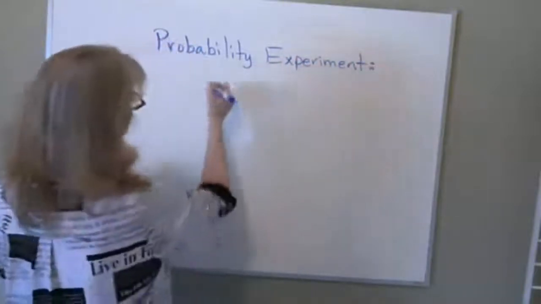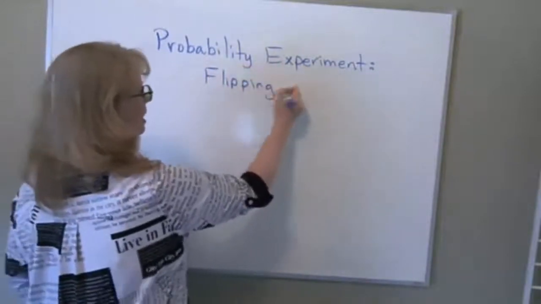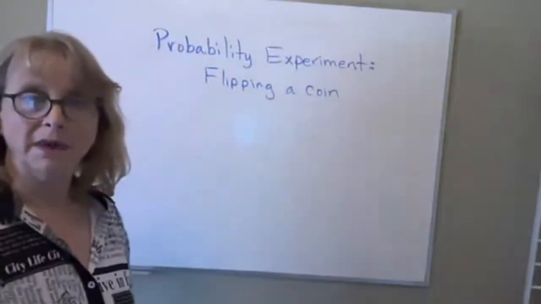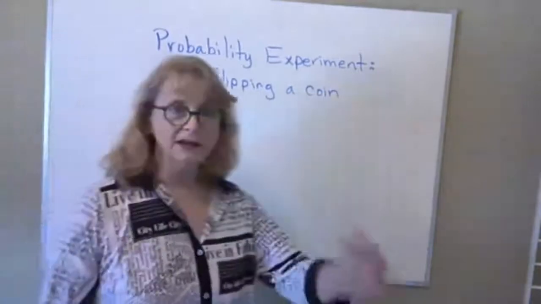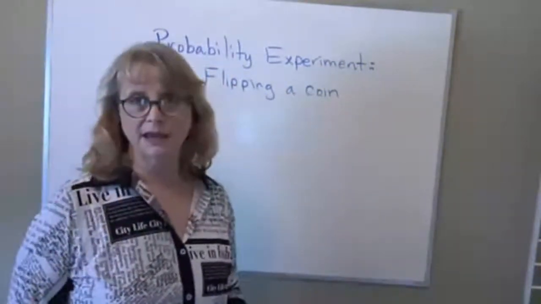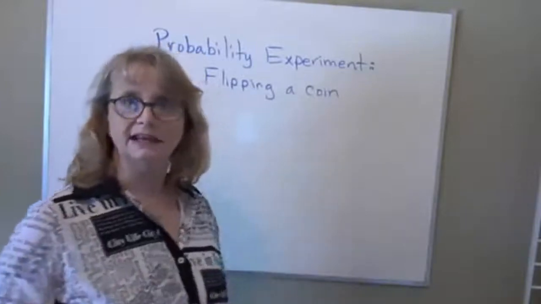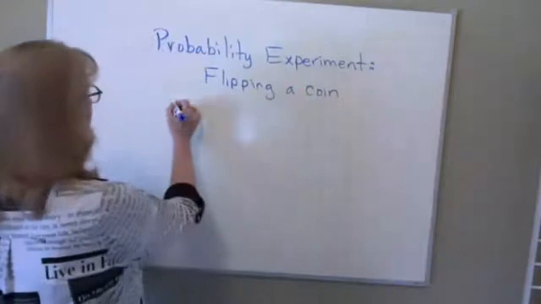A probability experiment, let's say flipping a coin. That's a probability experiment. And maybe you flip the coin a certain number of times, but you're flipping a coin to see what the outcome is. We call the outcomes for flipping a coin heads and tails. And we're going to assume this is a fair coin, that it's not weighted in any way.